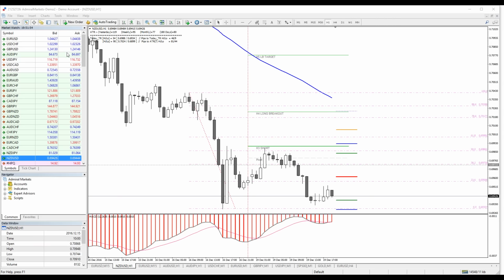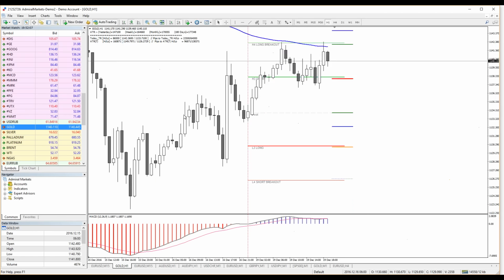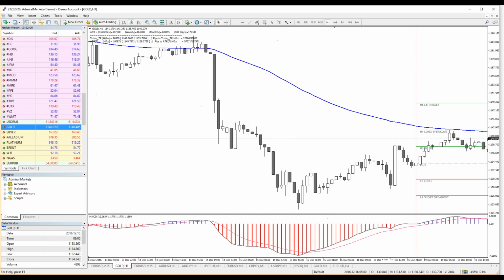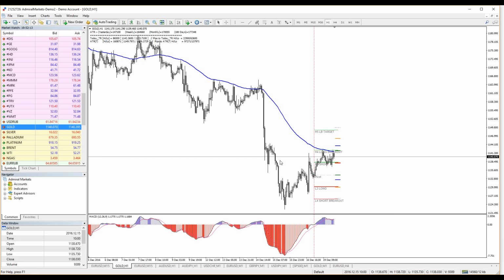Gold and oil. Okay, let's see gold first. Metals here. This looks like a V-shaped reversal. This was an inverted head and shoulders.